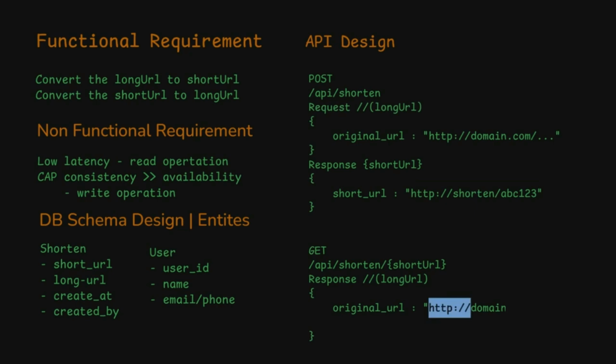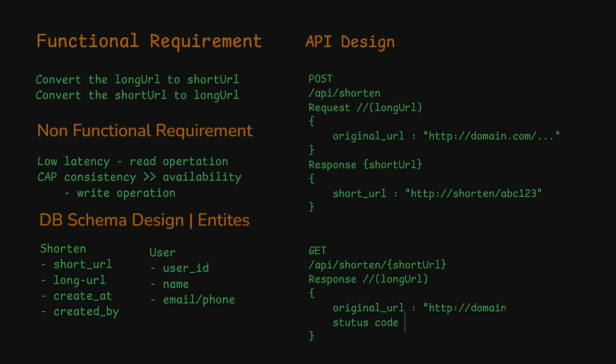The customer would be able to see the URL, but we do not want the customer to get this URL and then copy and paste it into the browser to visit the original URL. So for that purpose, we have something like status code here.